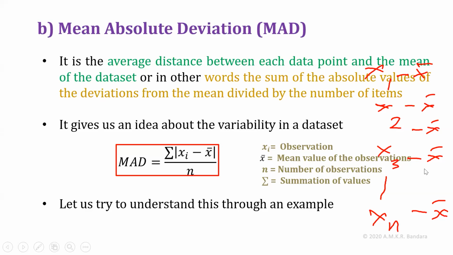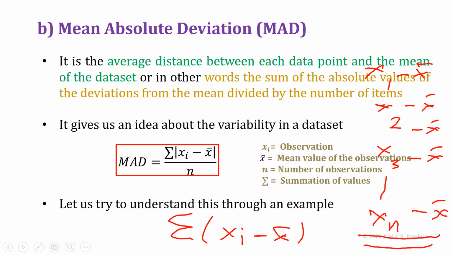And in order to give a summary of this deviation, if we add this deviation, that is summation of xi minus x bar, if we add all of these deviations together for any data set, this will be 0.